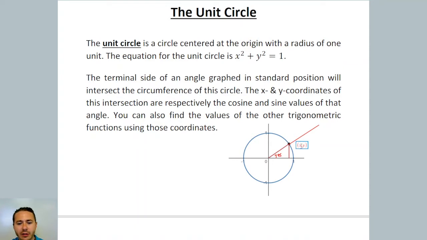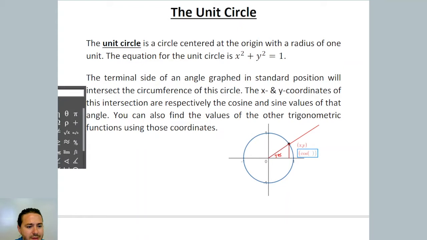In other words, this x, y point that's right here on the circumference of the circle is equal to the cosine of theta and sine theta. So where this is really going is you're going to start recognizing some of these trig values simply by understanding where the terminal side hits the unit circle.